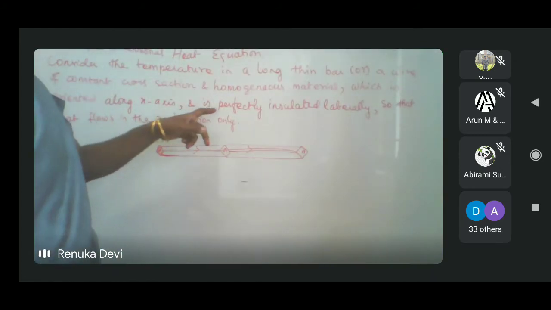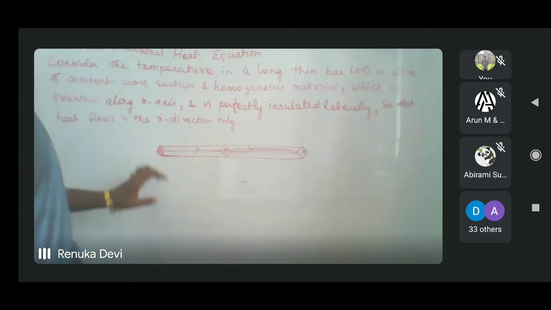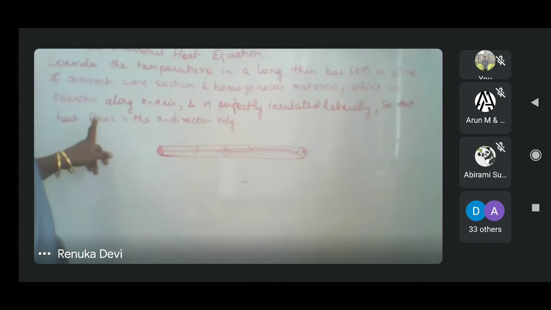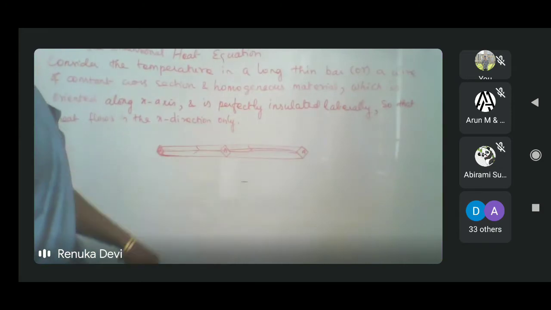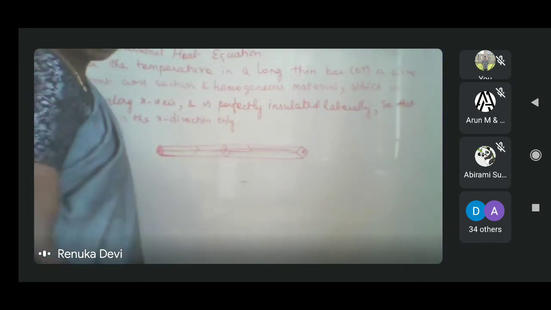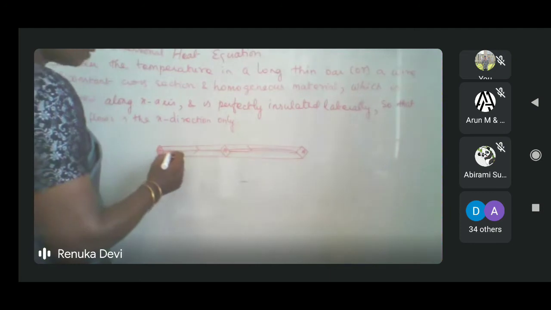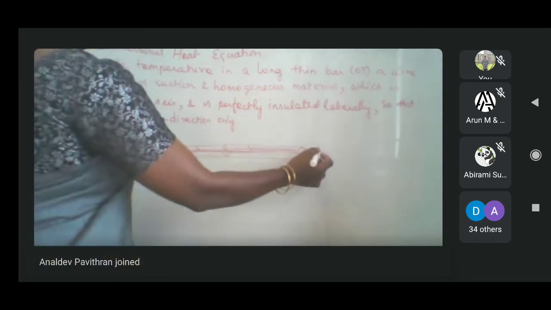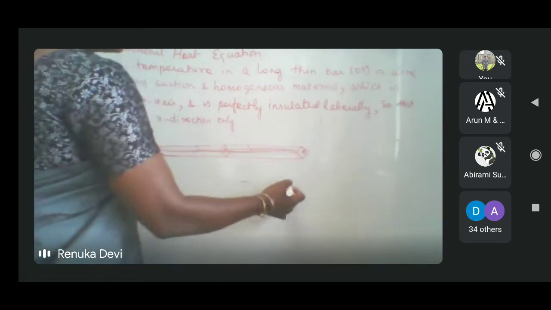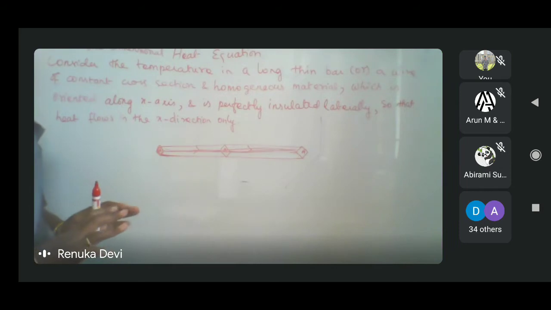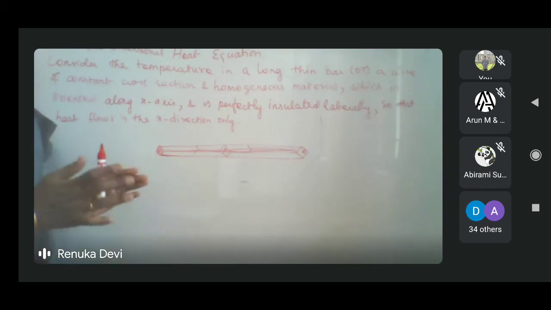The wire is perfectly insulated laterally, so that the heat flows in the x direction only. It should not go up or down. So the heat will be transferred in the horizontal direction only, with no movement of the heat in the vertical direction. The heat will be moving in only one direction.